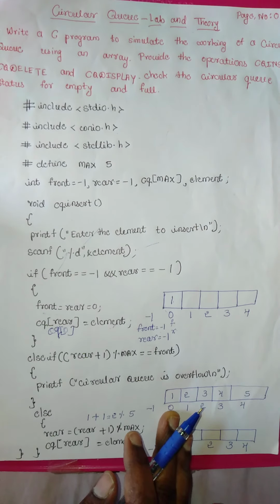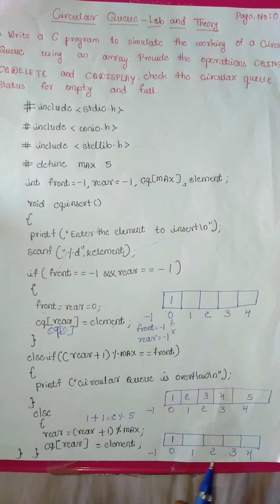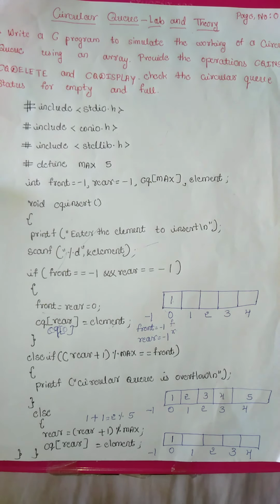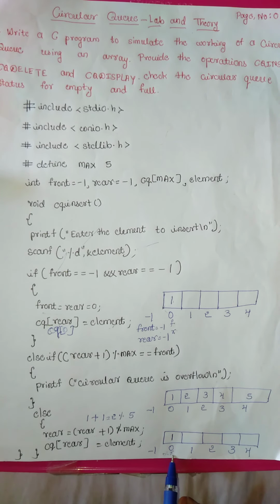In the third condition, the circular queue already contains some elements. For example, it already contains 1 element, and in that case we have to insert an element. For checking that condition we are using this code. What is the rear value here? Rear is pointing here, front is also pointing here.